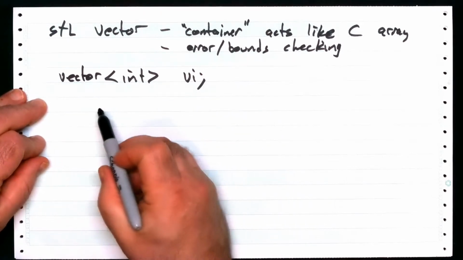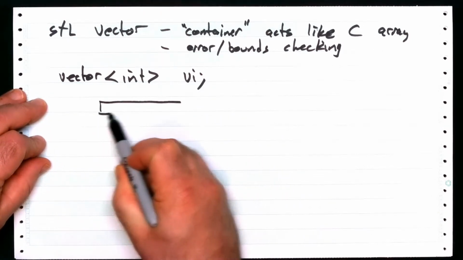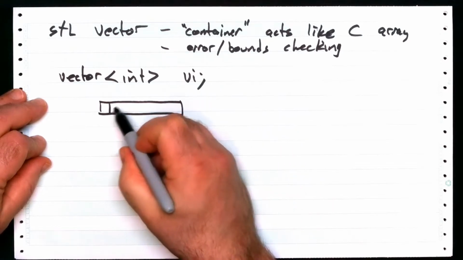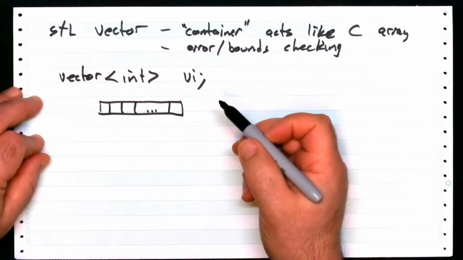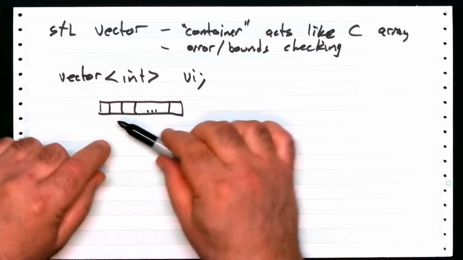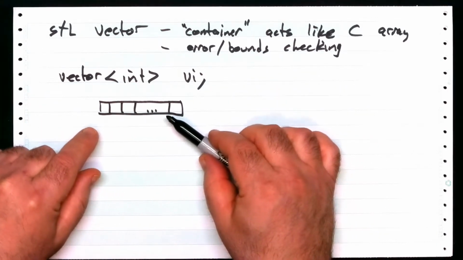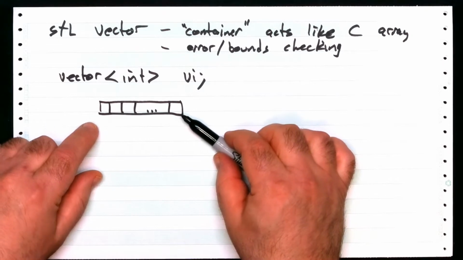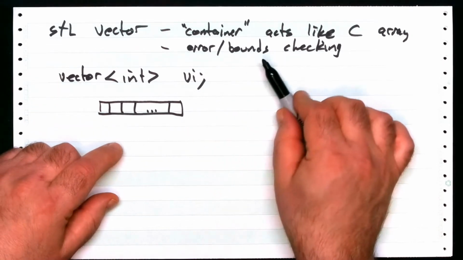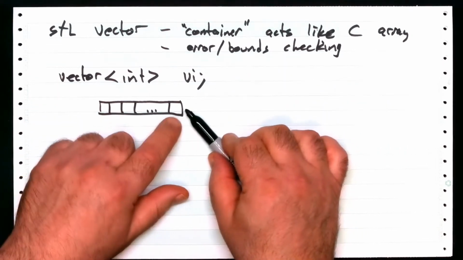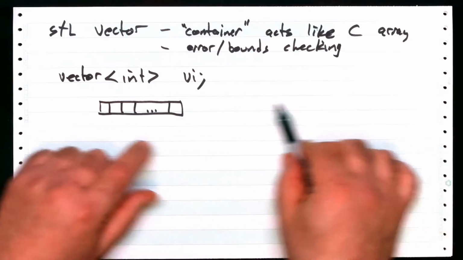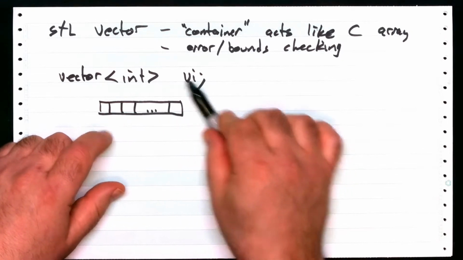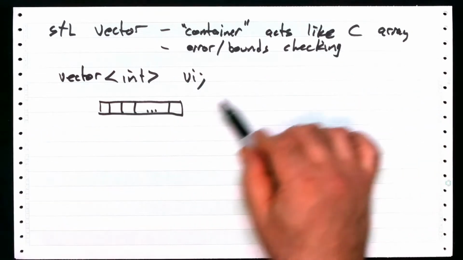So when you create one, what happens is it pre-allocates space to hold an array of some kind. And over the course of time, if I start adding things into this array and I overrun the end of it, again, depending on how I do it, if I use the right way, it'll automatically make it bigger for me. It can even shrink it down if I start deleting things out of there, all right? So it's this manager of this C array.